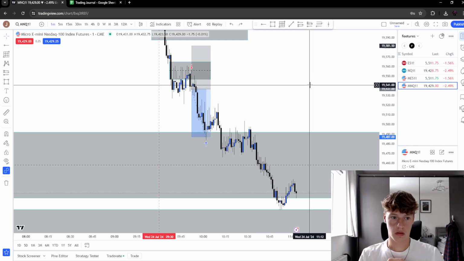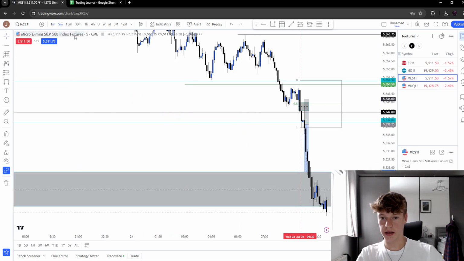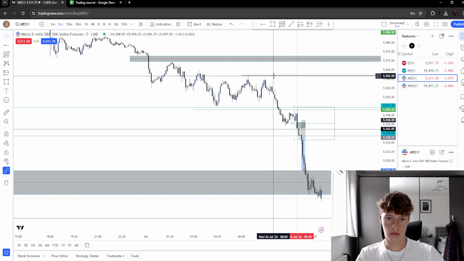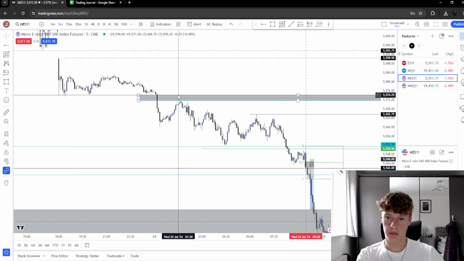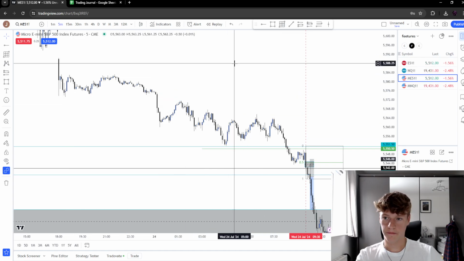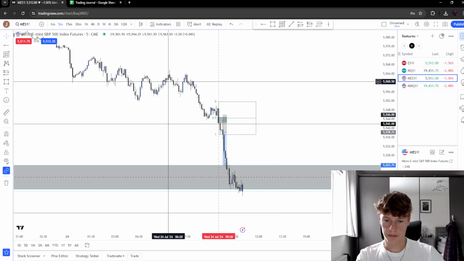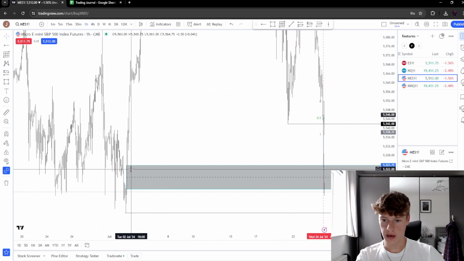Oh yes, on ES, much cleaner. Again, hourly highs, gap, 4-hour equilibrium, hourly imbalance. Not wanting to get up there. Same sort of premise. We had an hourly imbalance over here.